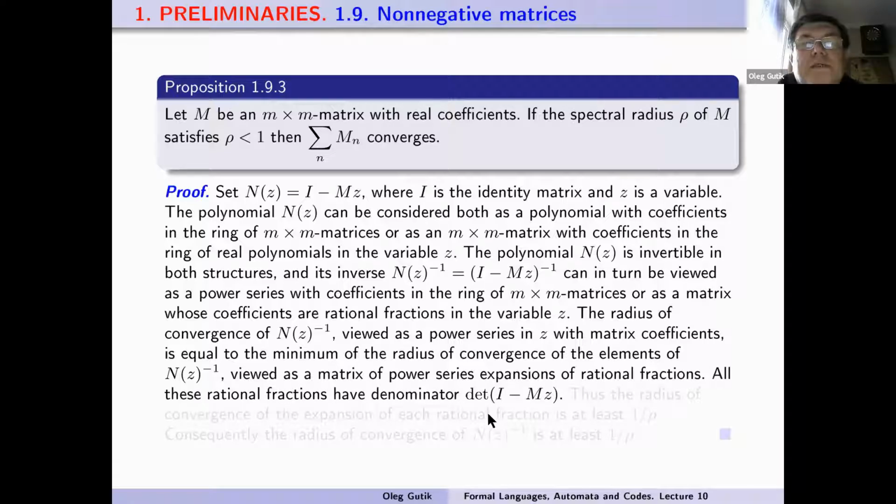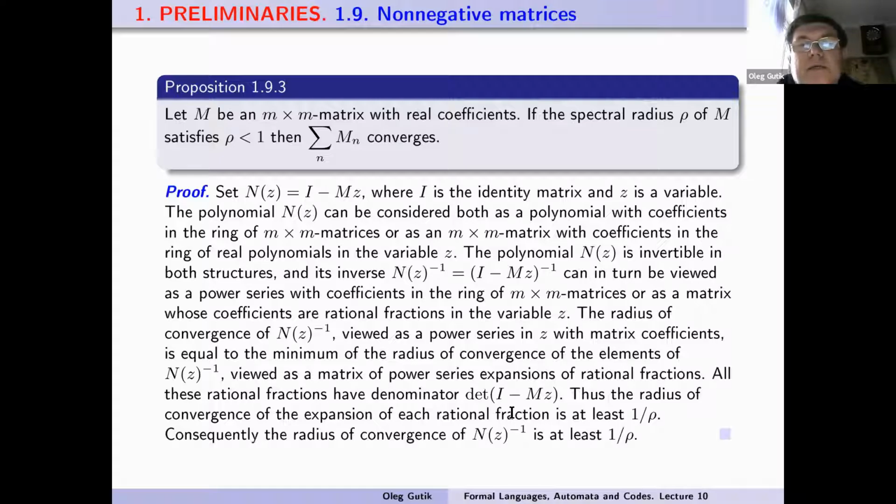All these rational fractions have the determinant of I minus Mz as denominator. Thus, the radius of convergence of the expansion of each rational fraction is at least one divided by rho. Consequently, the radius of convergence of N(z) to the power minus 1 is at least one divided by rho. This completes the proof of our proposition.